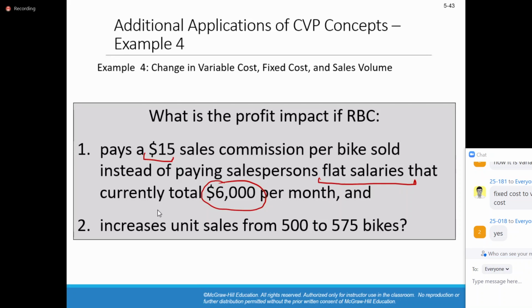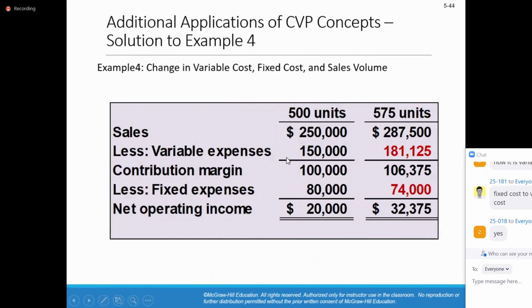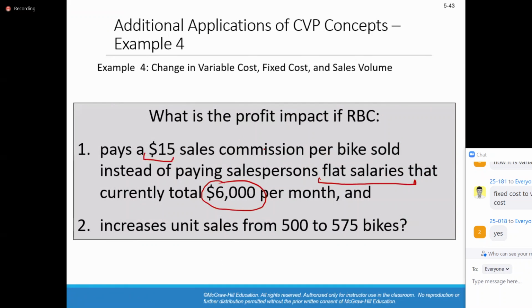Okay, but you see that in the same case, we are expecting that this will encourage the salesperson to increase sales or to be satisfied with the same unit of sales. But what is our purpose for converting a fixed cost to a variable cost? What is our motivation? What are we trying to do?